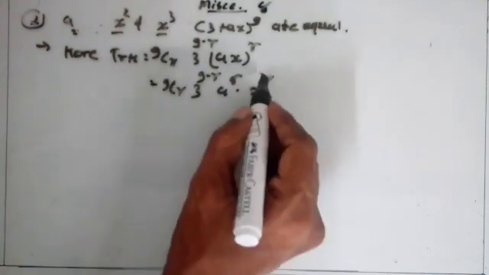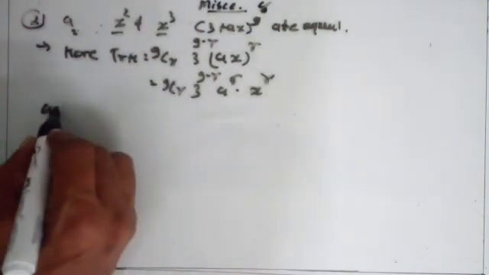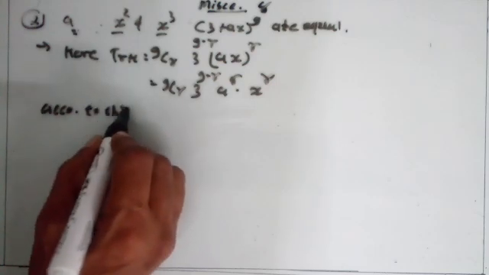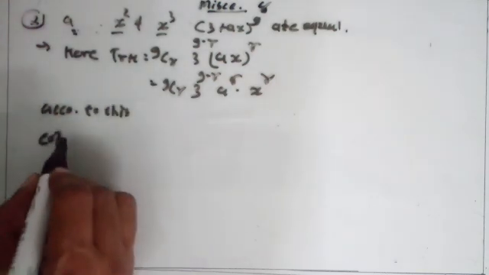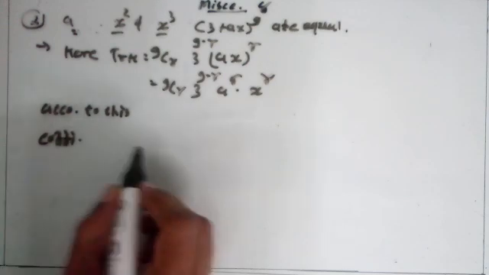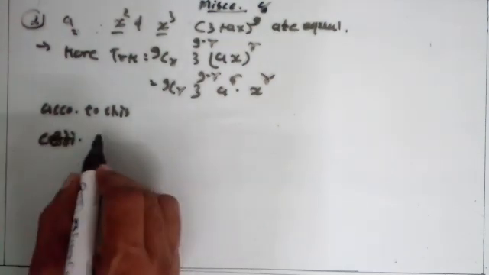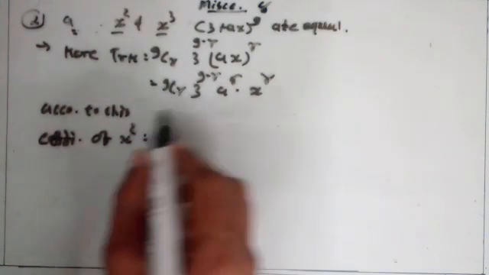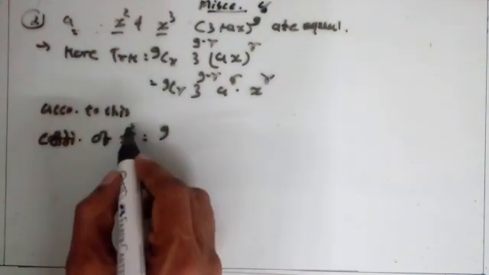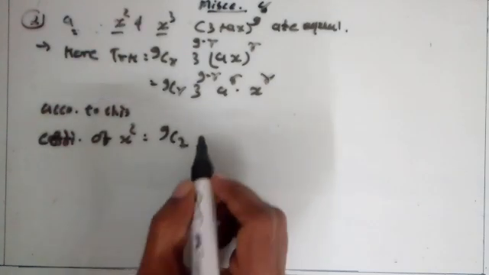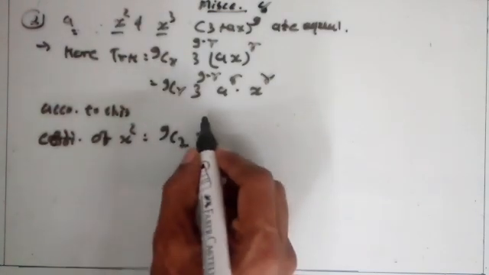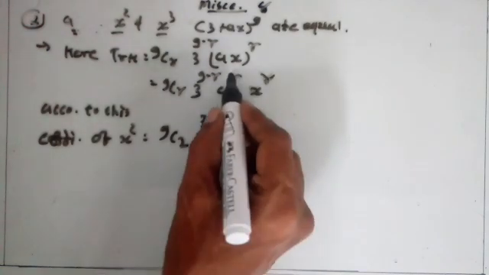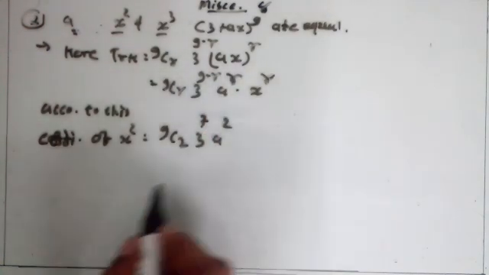Okay, so according to this formula, the coefficient of x square is equal to, here take r is equal to 2. So 9C2, 3 raised to 9 minus 2, that is 7, a raised to r, take r as 2.